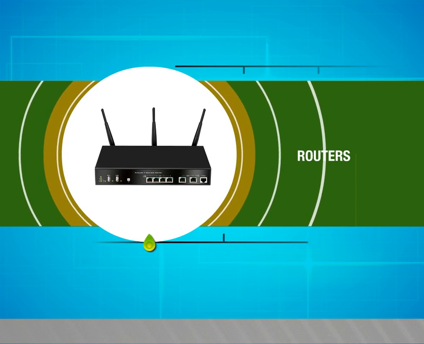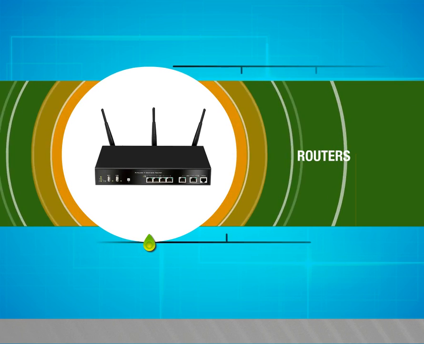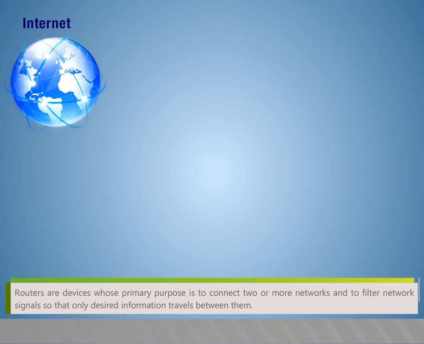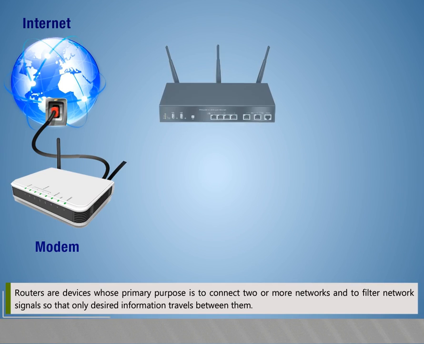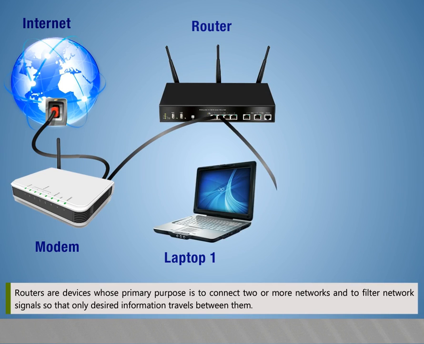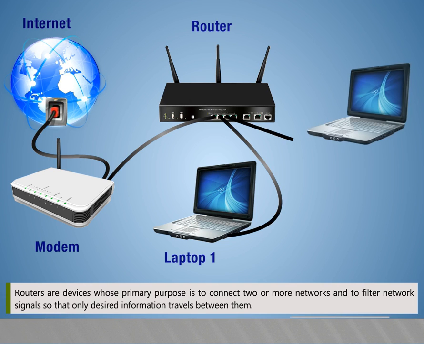Routers. In this video, we are going to learn about routers. Routers are devices whose primary purpose is to connect two or more networks and to filter network signals so that only desired information travels between them.